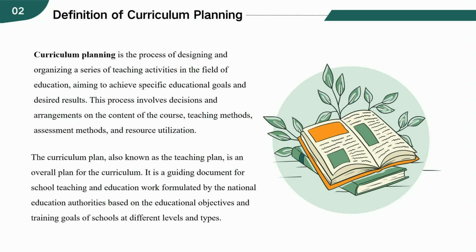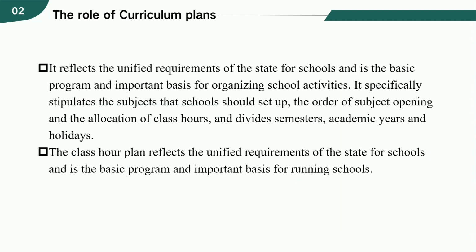This process involves design and arrangement of the content of the course, teaching methods, assessment methods, and resource utilization. The curriculum plan, also known as the teaching plan, is an overall plan for the curriculum. It is a guiding document for school teaching and education work formulated by the National Education Authority based on the educational objectives and the training goals of schools at different levels and types.